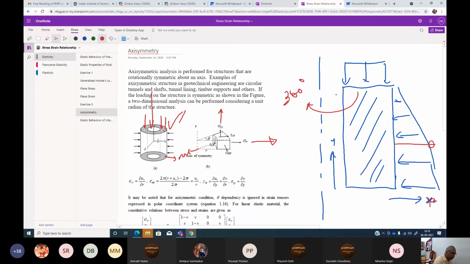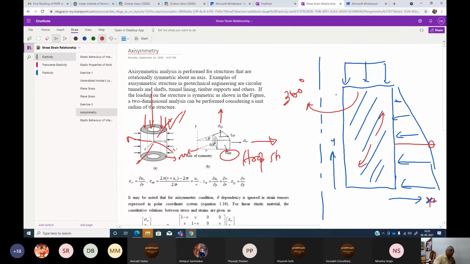Radial means it is in all directions, right? That's why it is called sigma rr. And there is sigma theta theta, which we call tangential stress, or some people call hoop stress.